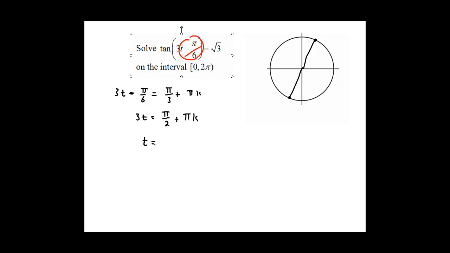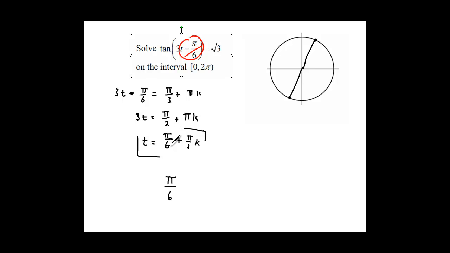That will give me t is equal to pi over 2 divided by 3 is pi over 6, plus pi over 3 times k. So this is the formula that we need to find all of the solutions that are on 0 to 2 pi. And the way that I want to think about this now is to just start with that first value that we have there, pi over 6.